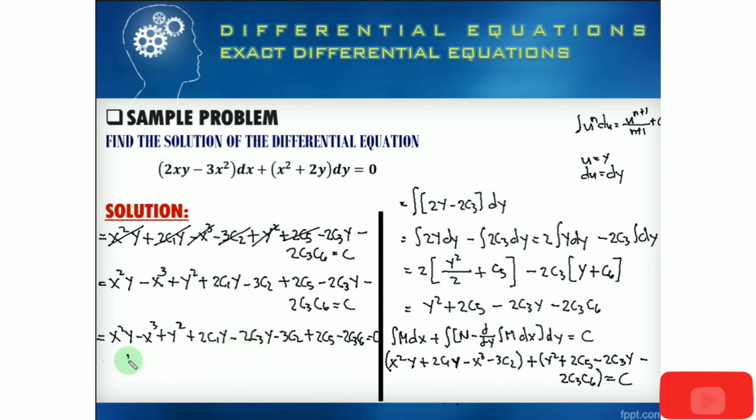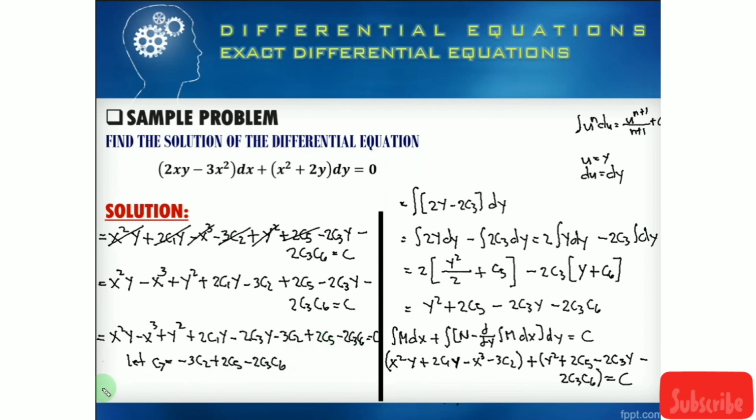let c is equal now to, so we will assign our last constant, so let us assign let c7 is equal now to minus 3c2 plus 2c5 minus 2c3, and we have now this c6, so minus 3c2 plus 2c5 minus this one.